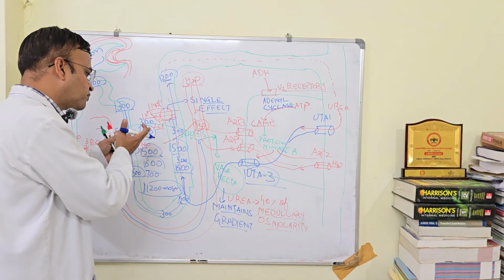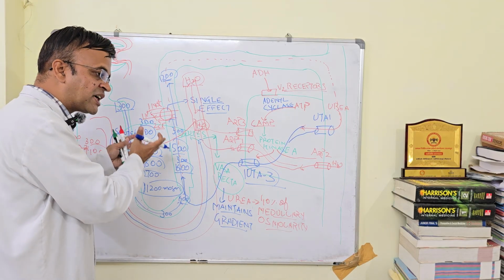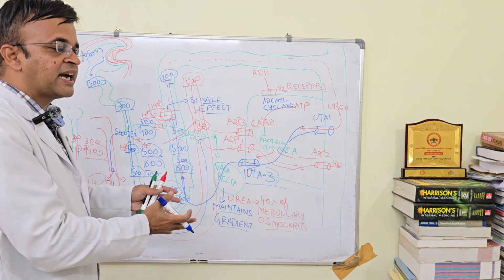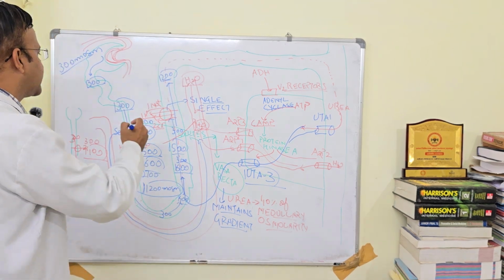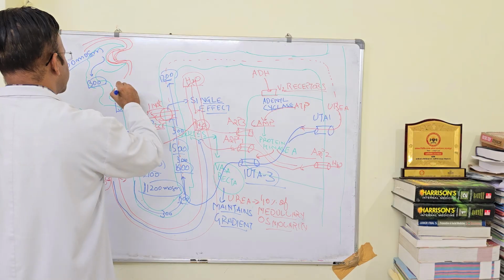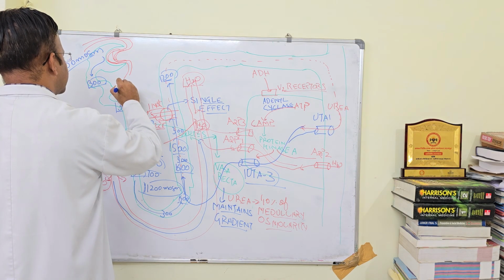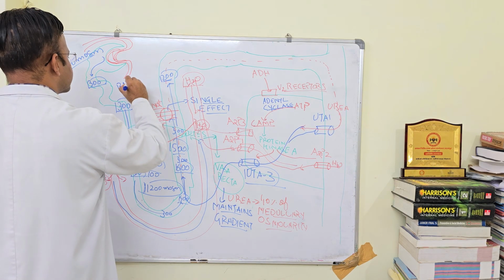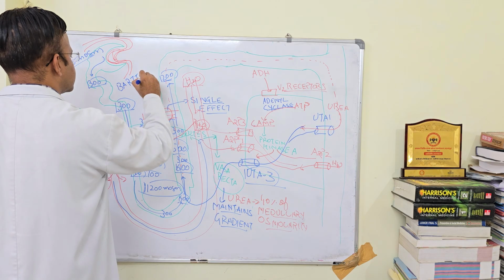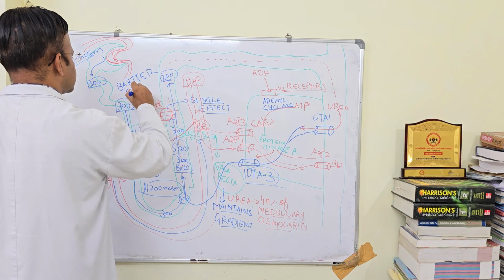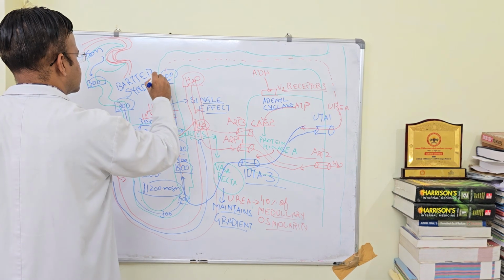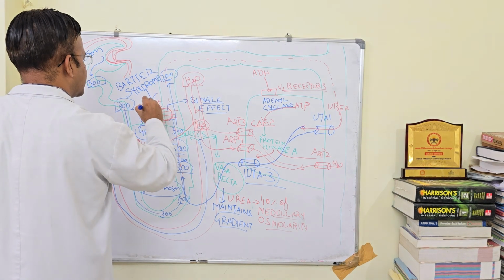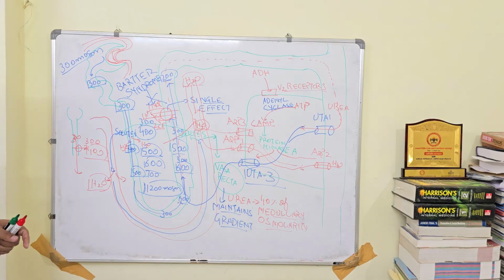So there won't be enough medullary interstitium osmolarity, and the kidney will lose its ability to concentrate urine. So in Bartter syndrome, you get a lot of hypotonic urine. This will get blocked.